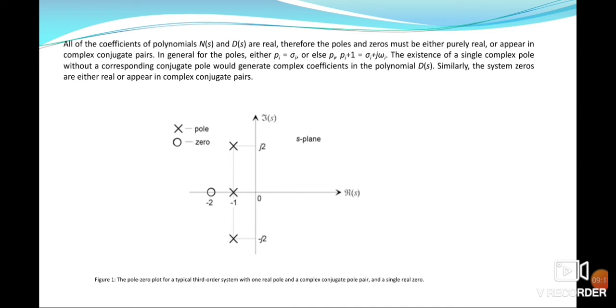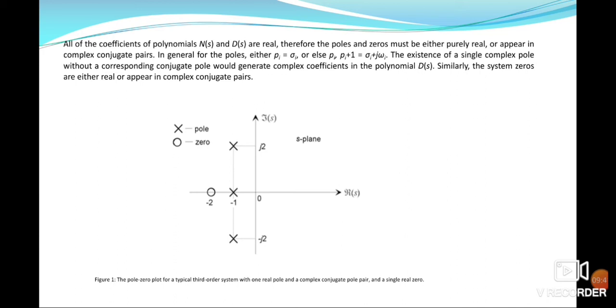So the complex conjugate poles will be, one -1 plus j2, another -1 minus j2. For calculating the complex conjugate, we need to look at the real part of the pole and also the imaginary part of the pole. So the location of one pole is -1 plus j2 and another location is -1 minus j2.